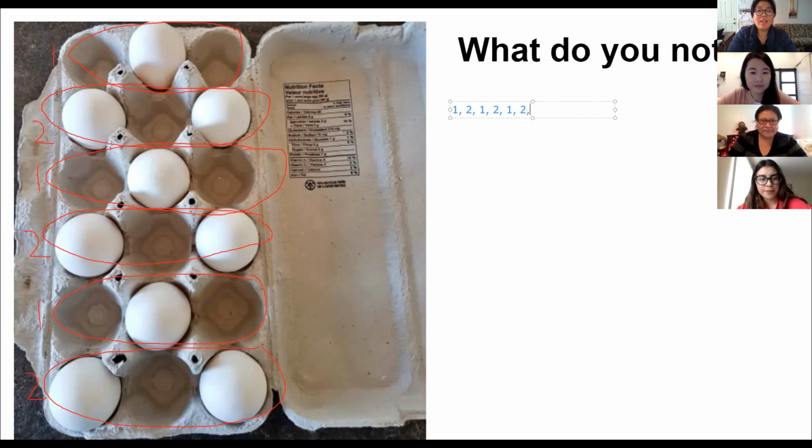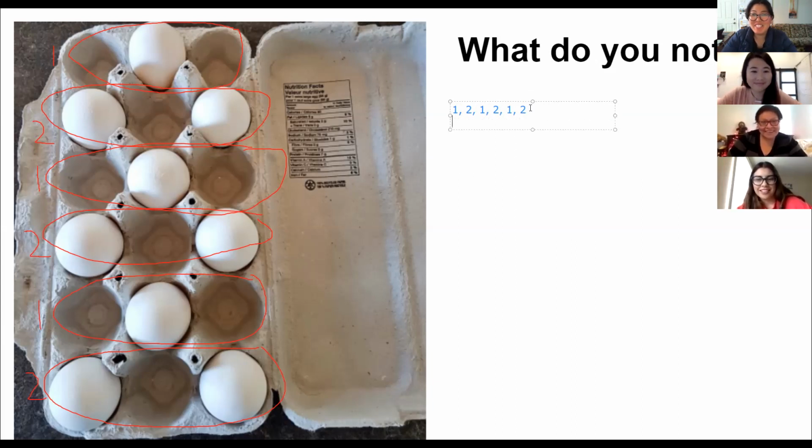And looking at this pattern, now that we know there is a pattern, 1 egg, 2 eggs, 1 egg, 2 eggs, 1 egg, 2 eggs, I'm just wondering, how can we come up with an equation that would show how many eggs are there in all? What would we do with these numbers to represent the equation?